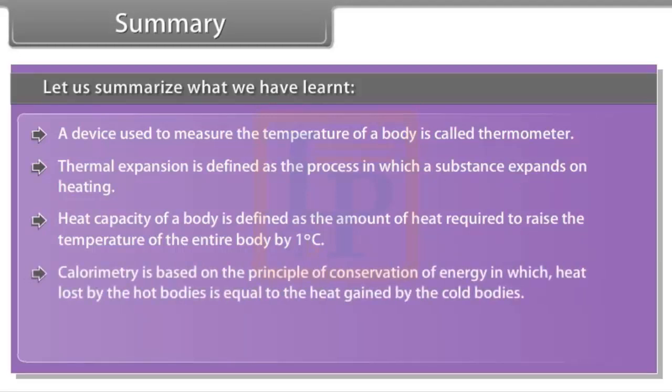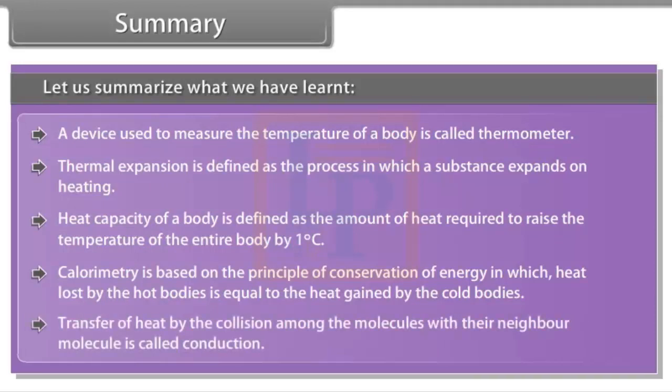Calorimetry is based on the principle of conservation of energy, in which heat lost by the hot bodies is equal to the heat gained by the cold bodies. Transfer of heat by the collision of molecules with their neighboring molecules is called conduction.